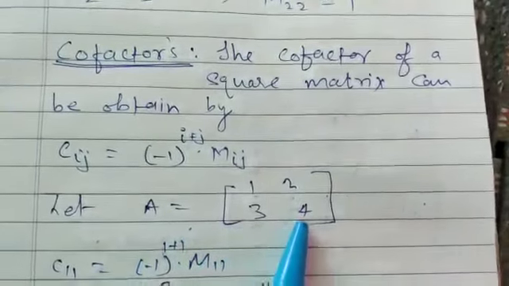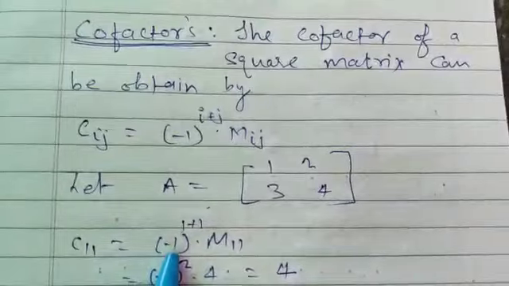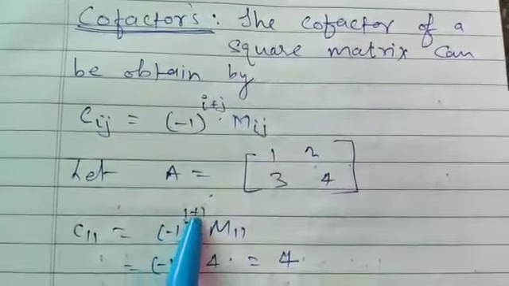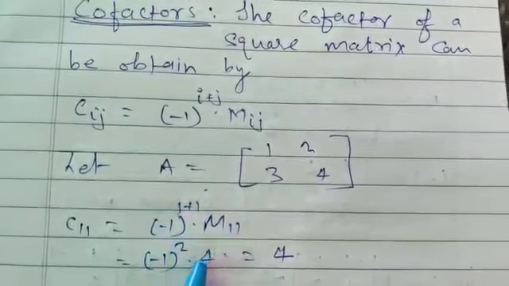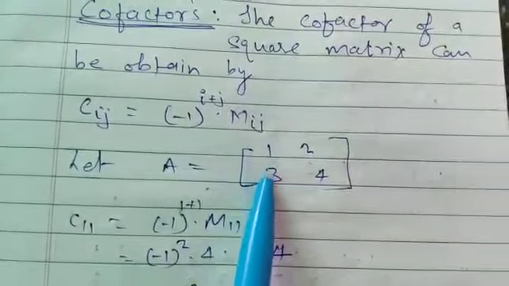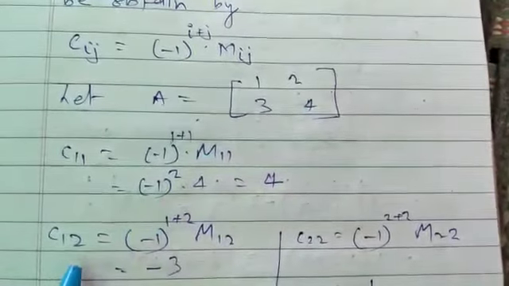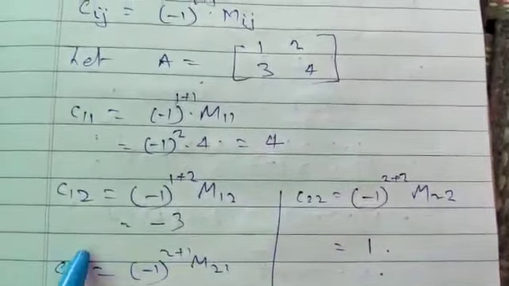Matrix A equal to this, find the cofactors. C11 is minus 1 to the power 1 plus 1 into M11. Minus 1 to the power 1 plus 1, that is 2, an even number, so it will be plus, and put the value of M11. So M11, how can you find? Leave the first row and first column, and 4 is the minor. Similarly, you can find C12, C22, C21.